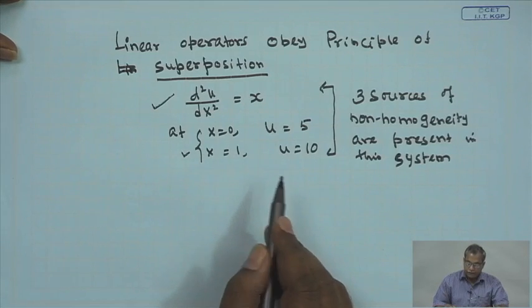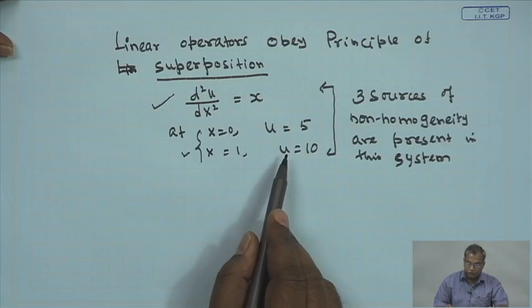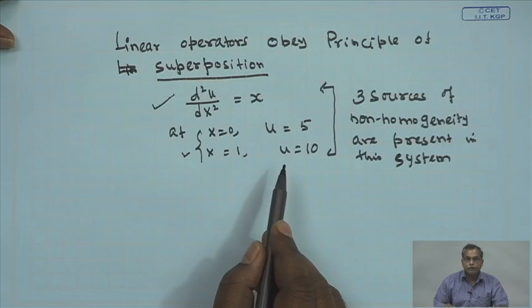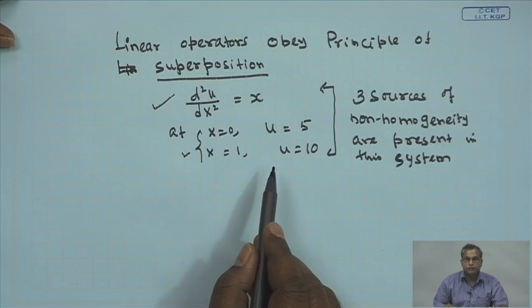So, there are 3 sources of non-homogeneity present in this system, and what we will be doing next is breaking down this problem into 3 sub problems, considering one non-homogeneity at a time, and then adding up all the 3 solutions to get the final solution.